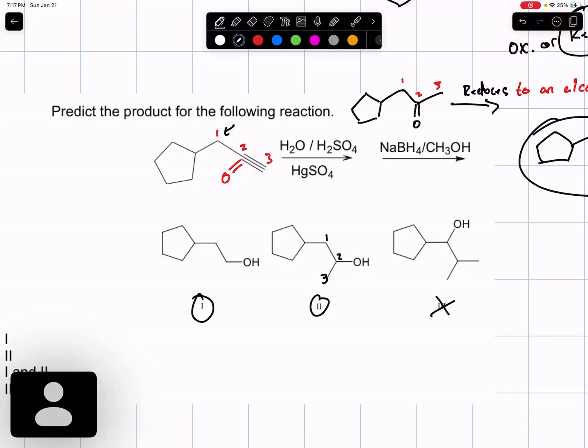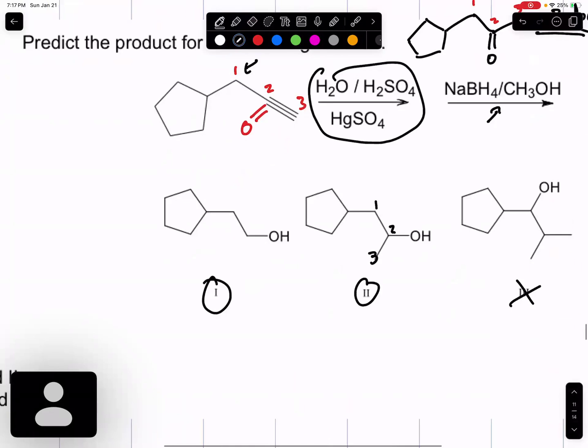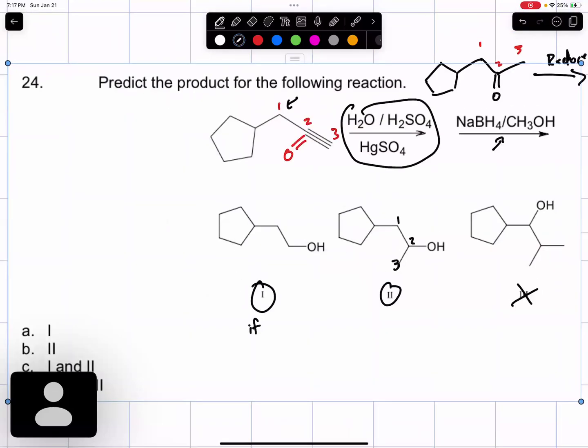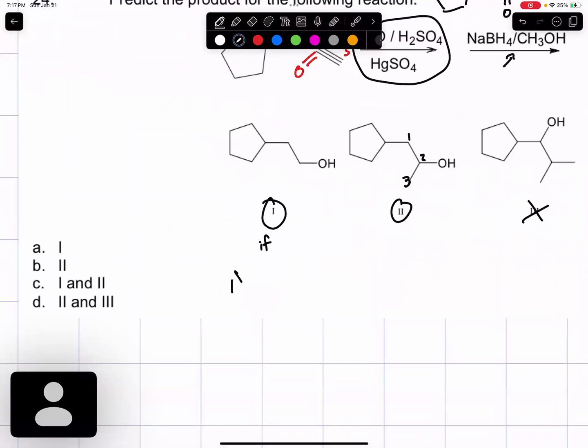What would this reagent have to be to make choice 1? Because this reagent is fine. But if you chose choice 1 erroneously, what would your first reagent be? What was the first reagent instead?